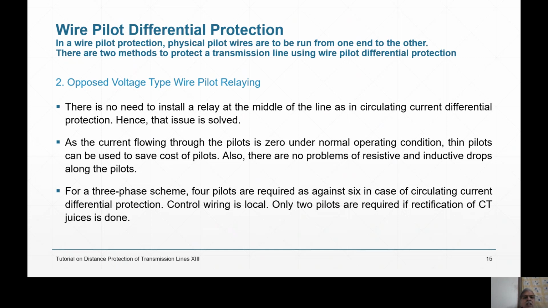And actually, in the circulating current or opposed voltage type of scheme, if you rectify the juice, then you need only 2 wire pilots. There you would require 4, here you would require only 2. So that way many problems are solved.